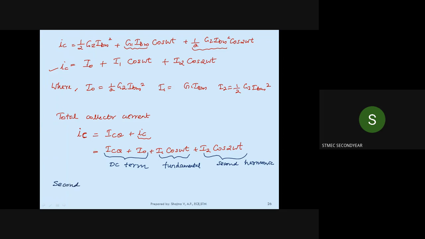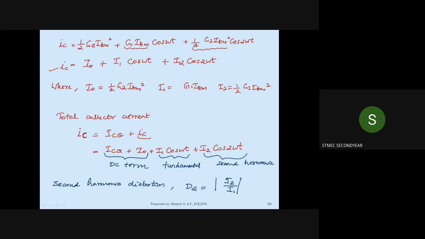The DC term and fundamental term will be there. Then second harmonic distortion. Second harmonic distortion is defined as D2 is equal to modulus of I2 divided by I1. Okay, so D2 is equal to modulus of I2 divided by I1.